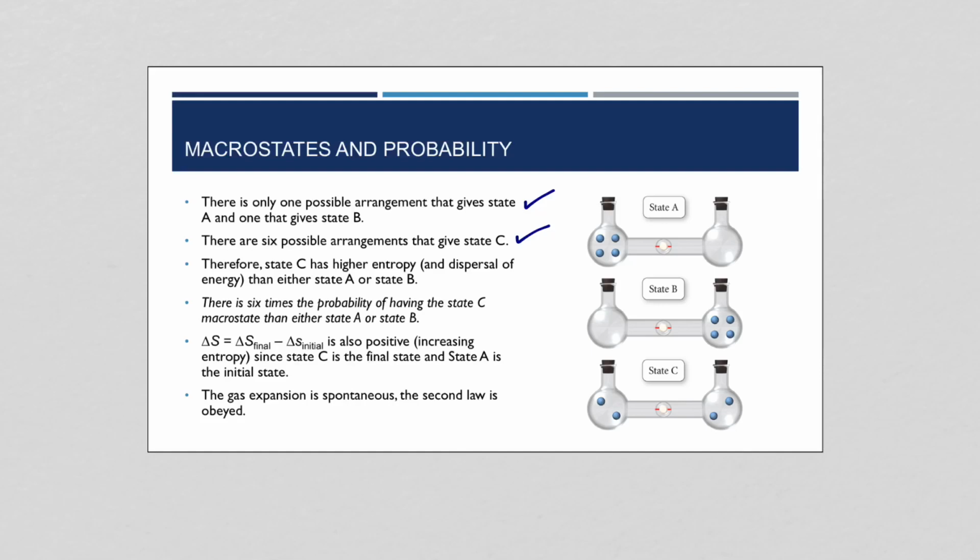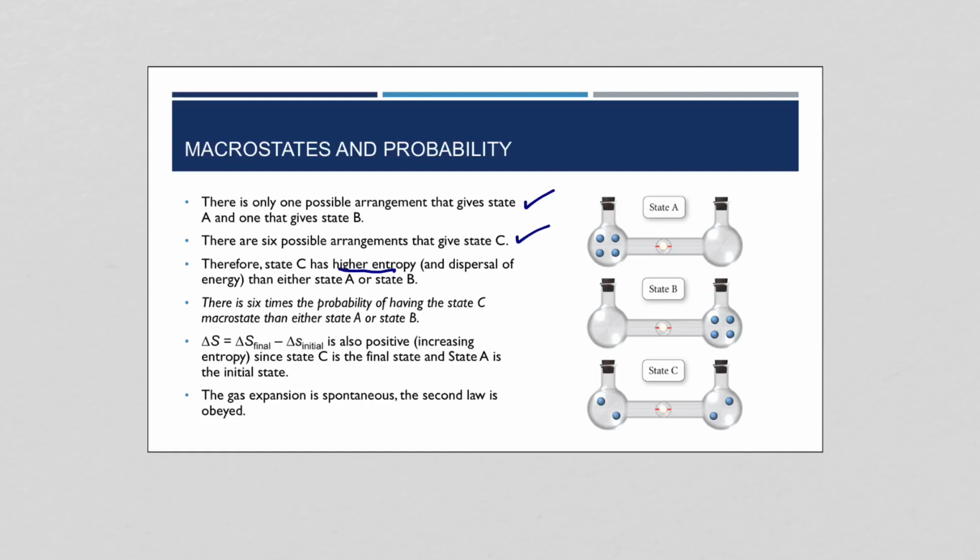There are more possible ways for the energy to be arranged, or more dispersal of energy. It's dispersed throughout the entire container as opposed to on one side or the other. So, state C has higher entropy than either A or B because it has higher dispersal of energy, more probabilities. In fact, 6 times the probability of having state C than either A or B.